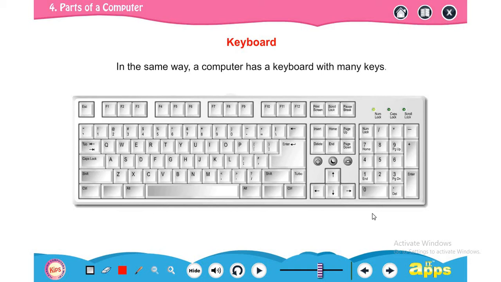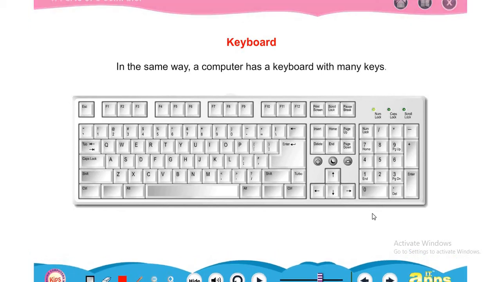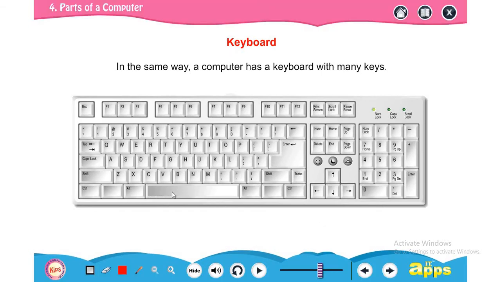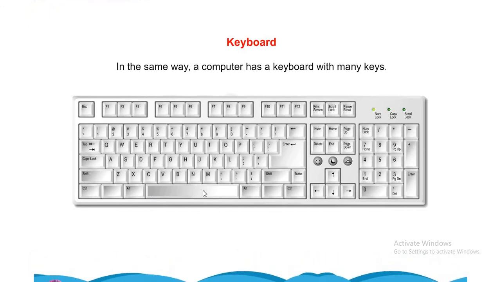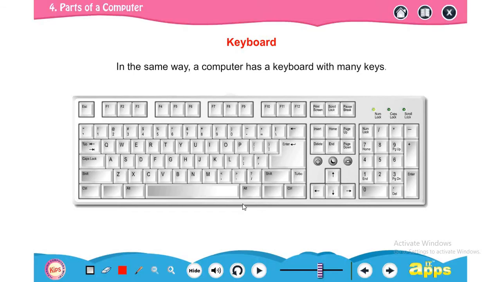After that, there are some function keys also. In that, this longest key on the keyboard is called the space bar key. With the help of the space bar key, you can give space between each word.